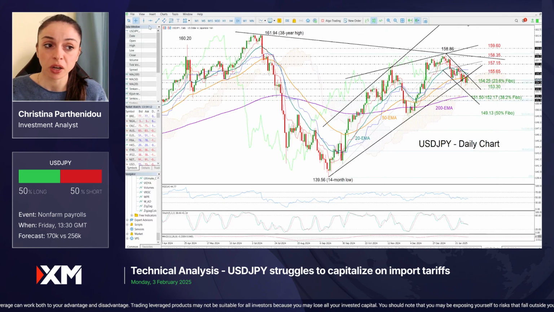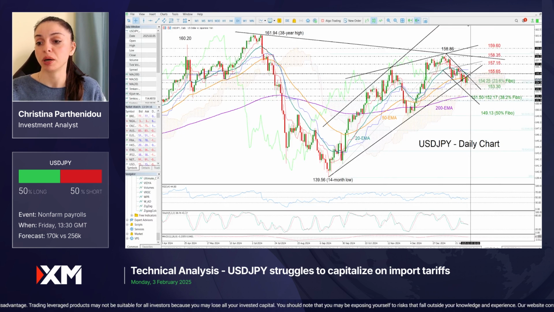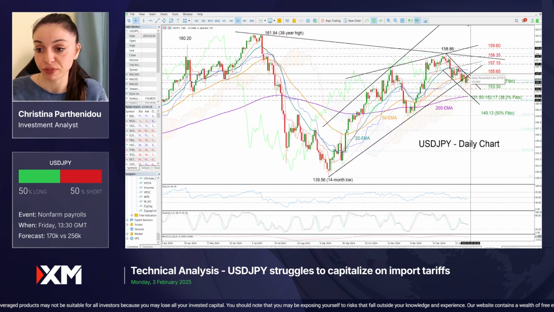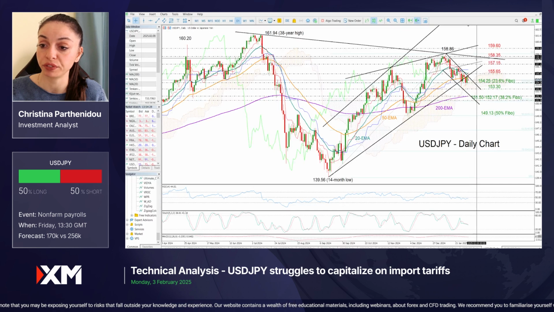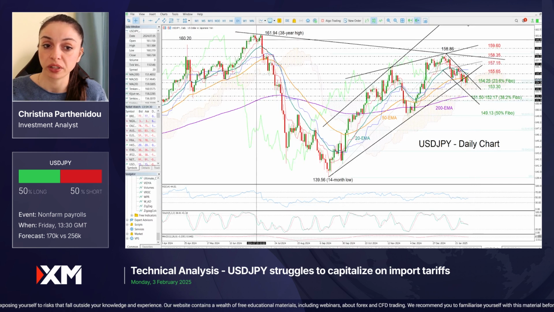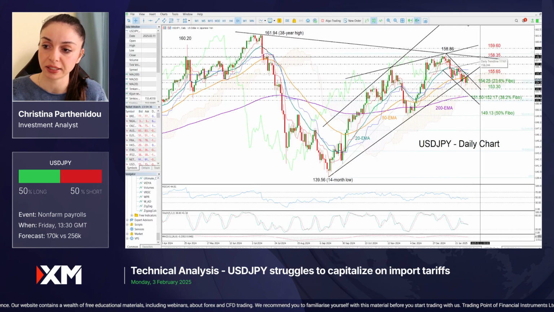Failure to pivot here could trigger a fast decline, probably towards the 50% Fibonacci of 149.13. Now looking to the upside, what we need here is a break above 155.65 to continue towards the next barrier, 157.15. Successful break higher here could then take us up to 158.35, where this longer term resistance line coming from July 2024 is placed.